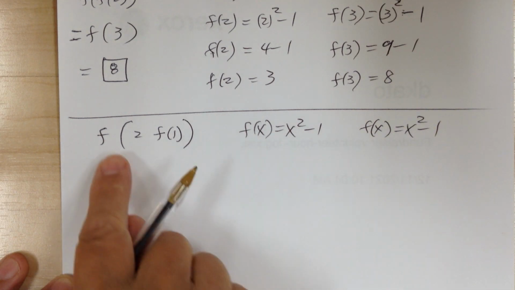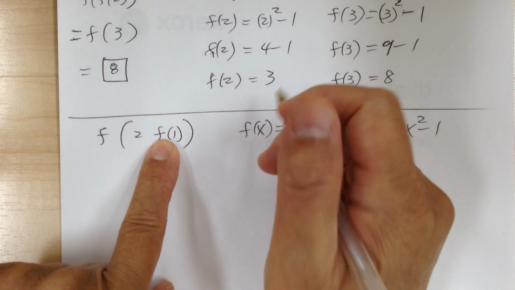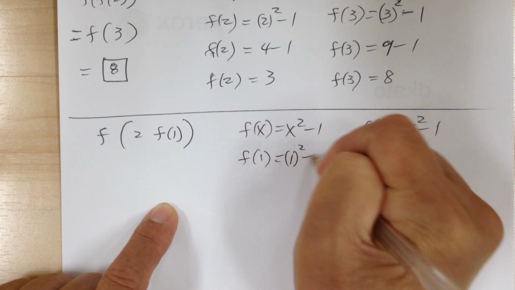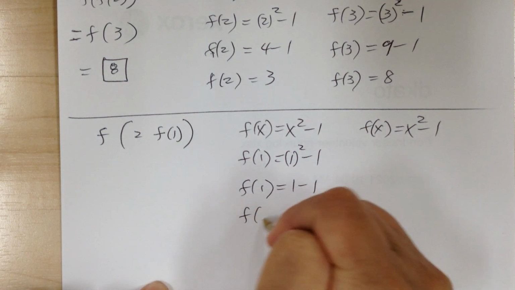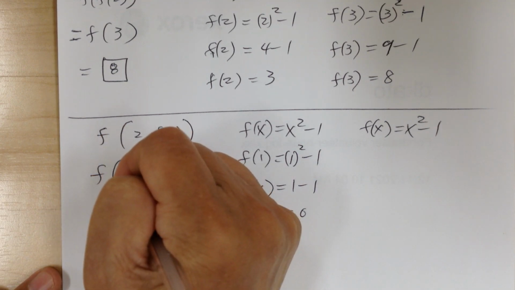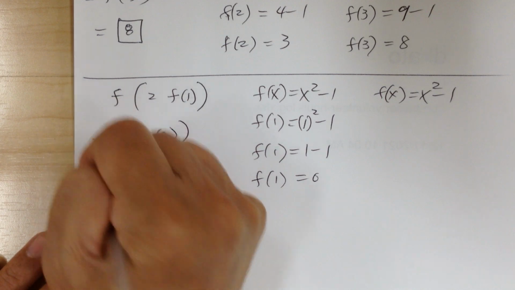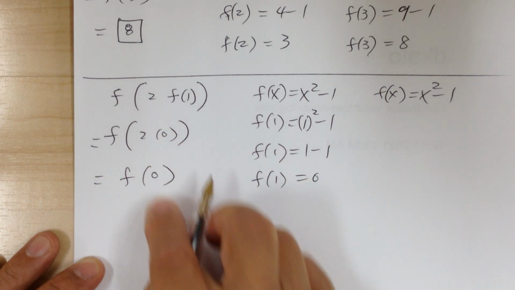Whatever you're going to use over here, that's what you're going to put here. So let's do the f of 1. So f of 1 equals 1 squared minus 1. So f of 1 equals 1 minus 1. So f of 1 equals 0. So this becomes f of 2 times 0. So this becomes f of 0, right? 2 times 0 is 0.